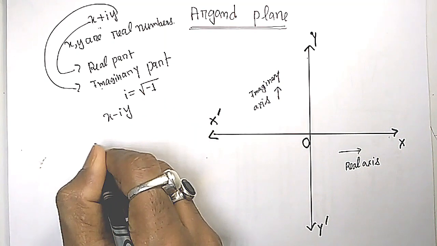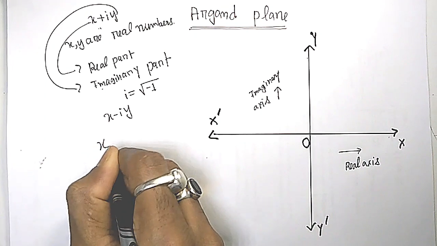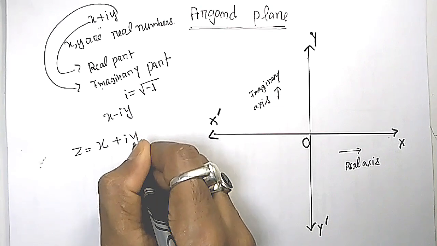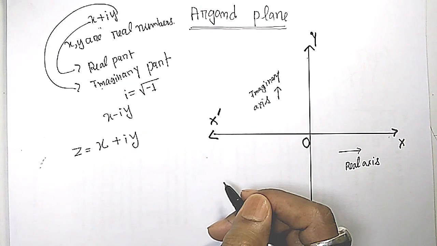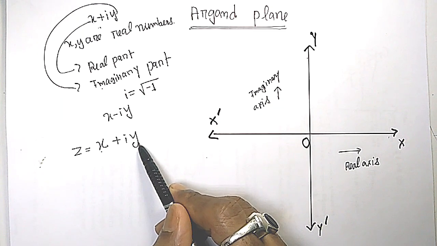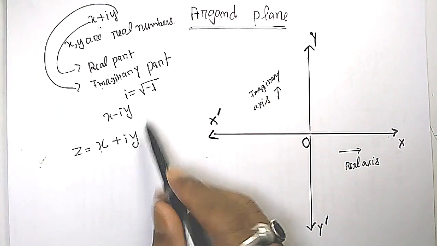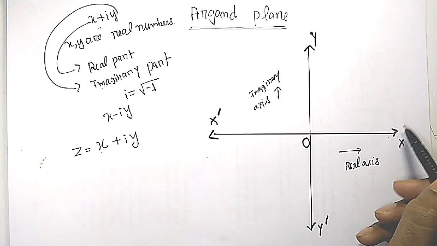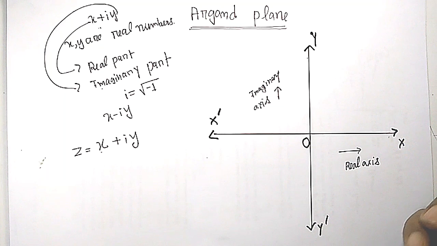We know any complex number can be represented as z equals x plus iy, where x is the real part and y is the imaginary part. The Argand plane is the combination of the x-axis and y-axis.